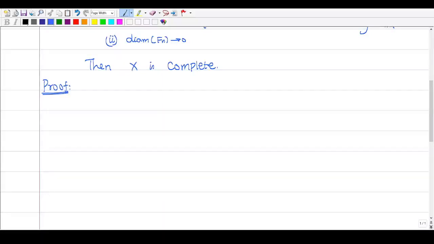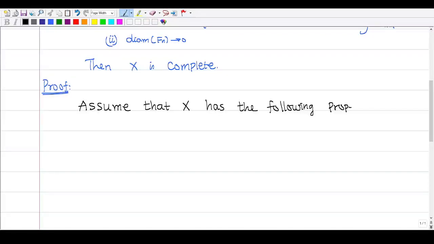என்ன proof அப்படின்னா, assume that capital X has the following property. என்ன ப்ராப்பர்ட்டி எழுதலாமா?